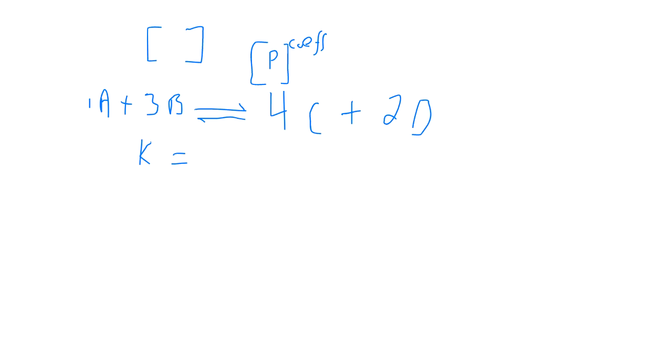So I will write here the concentration of C to the power 4, and multiply means product, the concentration of D to the power 2, divided by the concentration of A to the power 1.